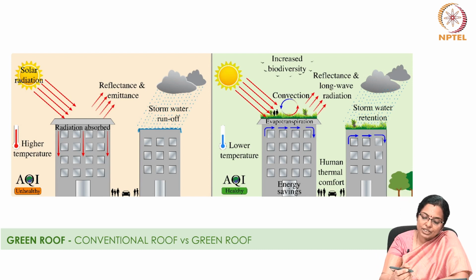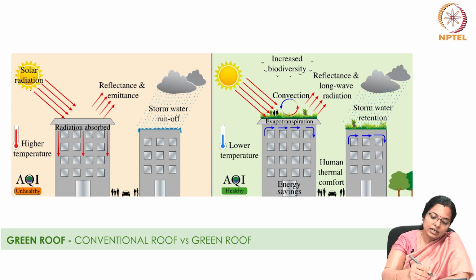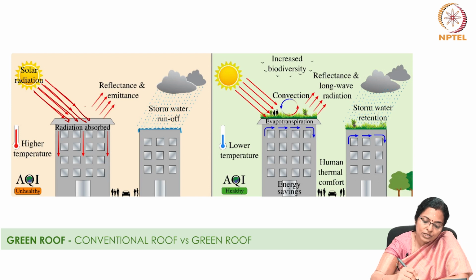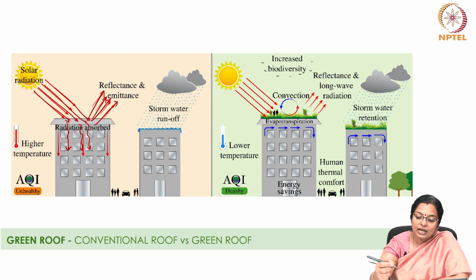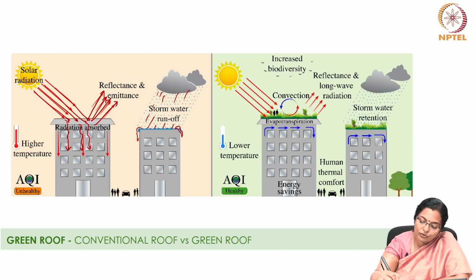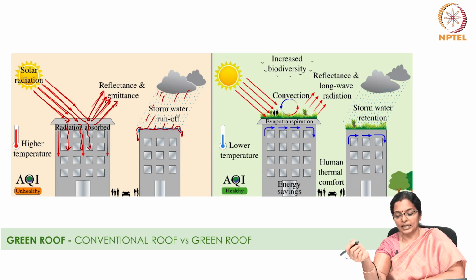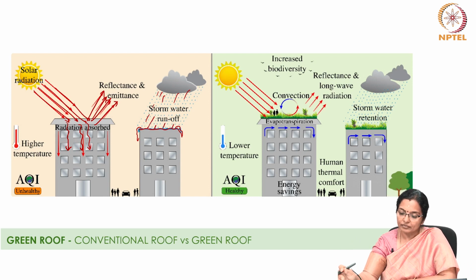A roof which does not have a green cover will be subjected to intense solar radiation, which will get either absorbed or will get reflected back. When it rains, the storm water runs off from the terrace of the building.